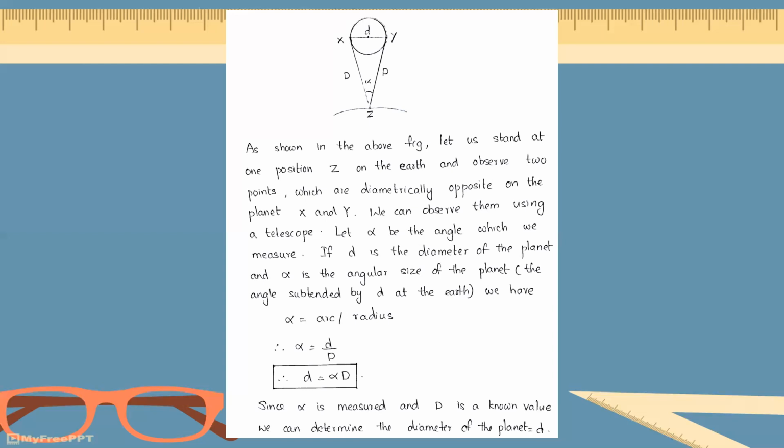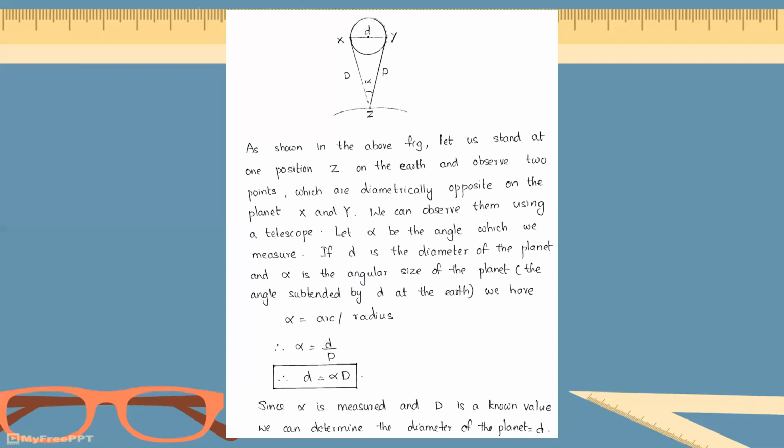Then let us assume small d as the diameter of the planet and alpha is the angular size of the planet. Therefore, like the previous case, let us think of small d as an arc of a circle, z is the center of the circle, and capital D is the radius of the circle. We will assume like that.